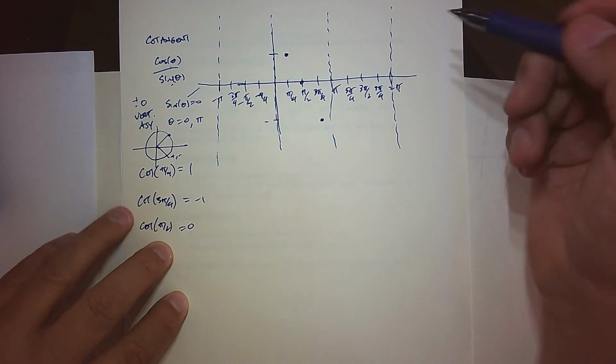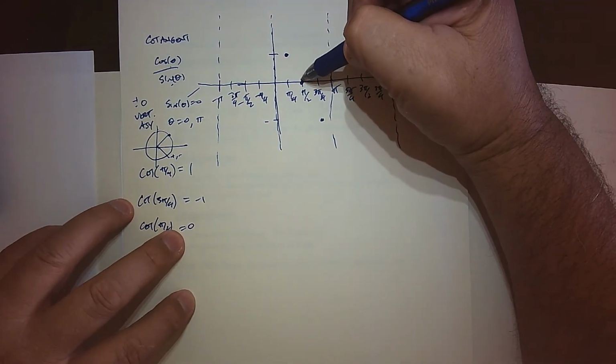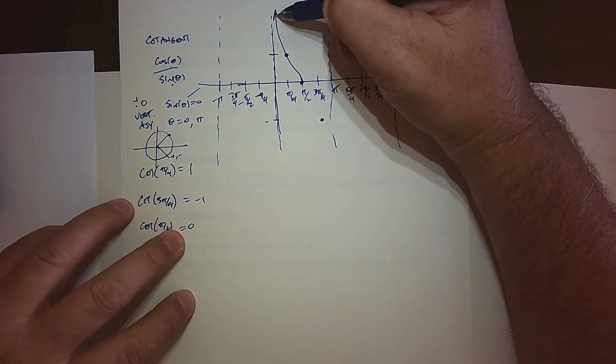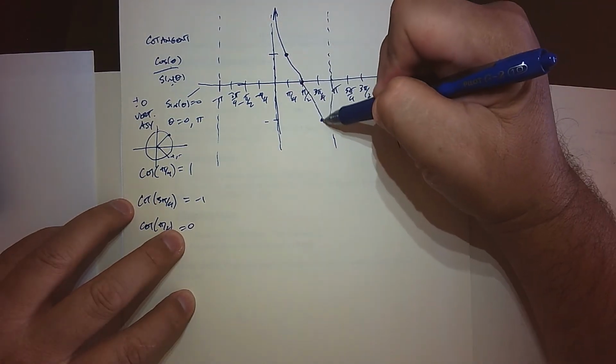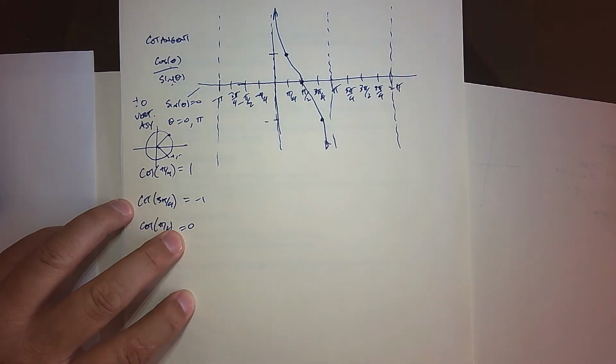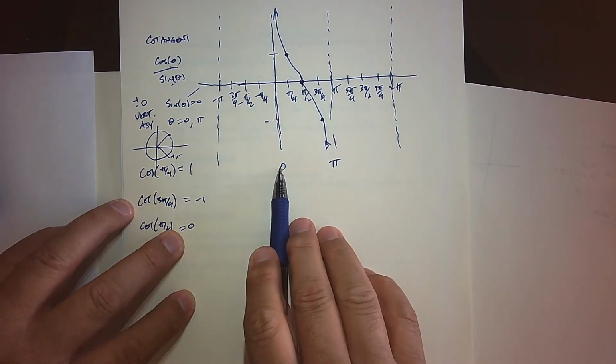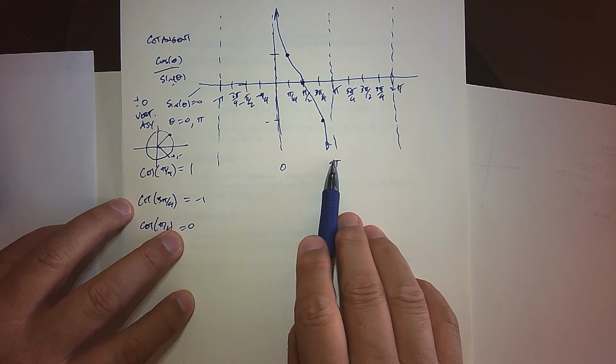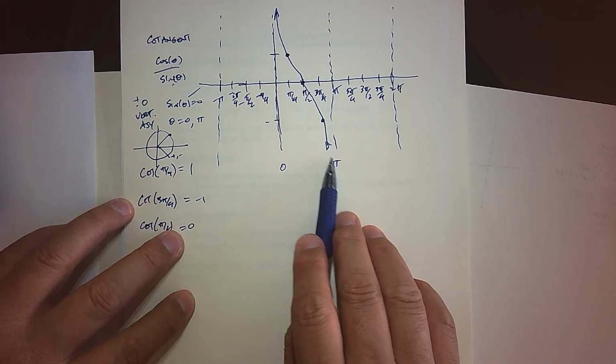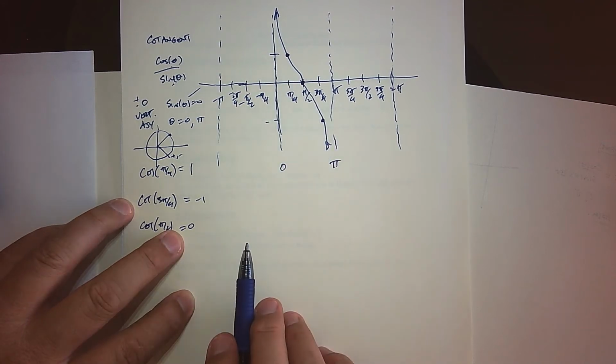And so we can already begin to see that this graph, using the fact that we have asymptotes there, is basically going to do that behavior from 0 to pi. So there's a vertical asymptotic behavior at 0, there's vertical asymptotic behavior at pi, and then we just filled in some details with regard to that.